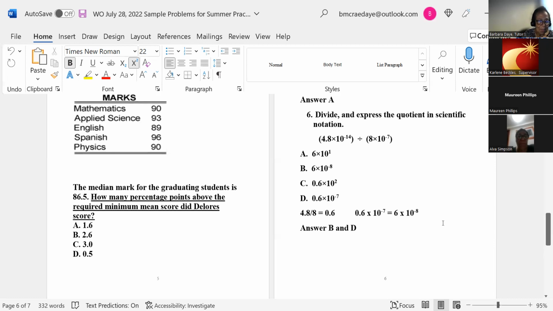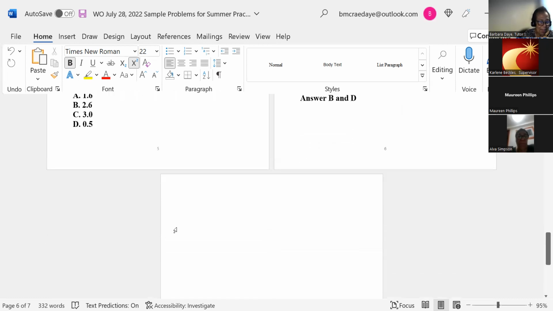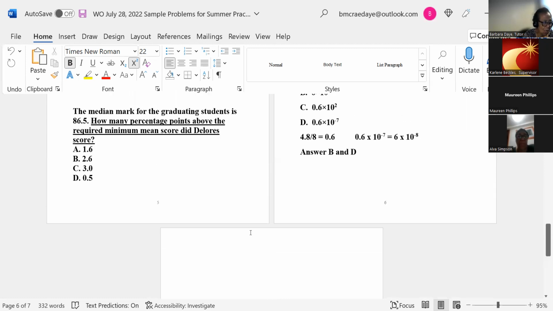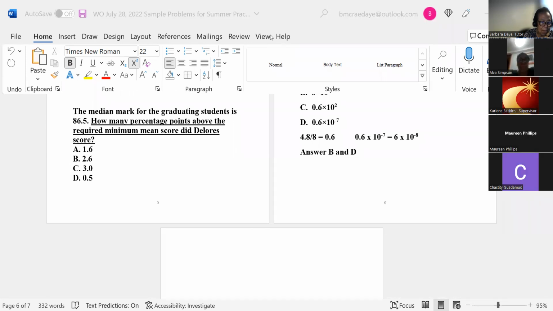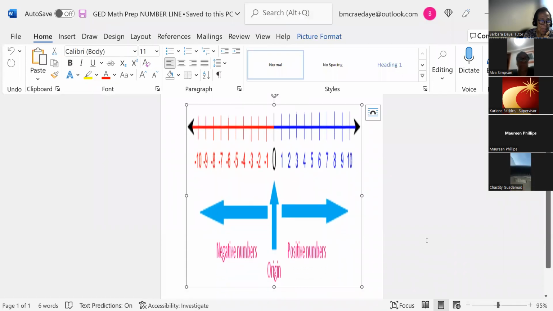All right, now I just want to go on the number line with you. Let me do a new share. Here is the number line. The first one was a portion of a number line with only positive numbers.